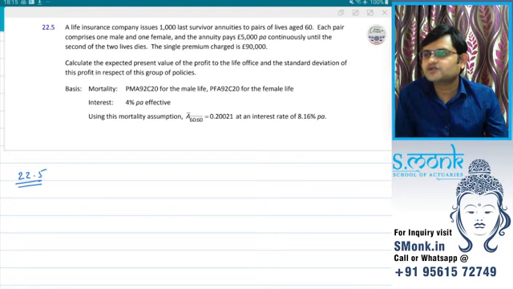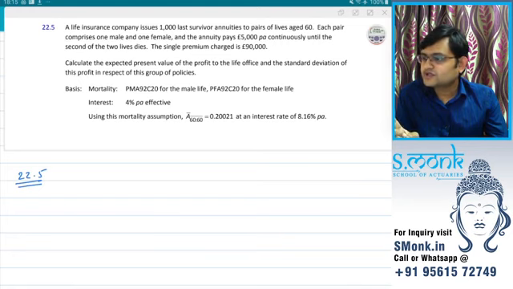The single premium charged is 90,000. Calculate the expected present value of the profit to the life office and the standard deviation of this profit in respect of this group of policies. Okay, so the basis given is PMA92C20, PFA92C20, 4%.